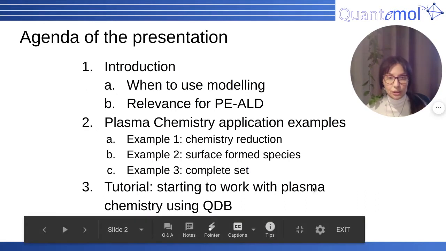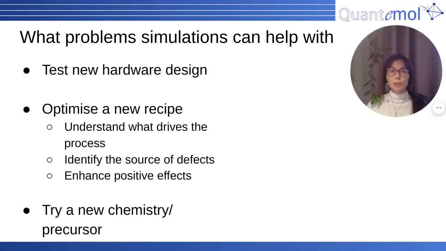So let's proceed. What problems can simulations help with? Essentially, the most obvious ones are testing hardware, new hardware design, and also optimizing a new recipe, because the simulation will give you a better understanding of what's happening inside the chamber, and that will facilitate identifying sources of some defects. A new chemistry or a new precursor can arguably also be enhanced by using plasma modeling.